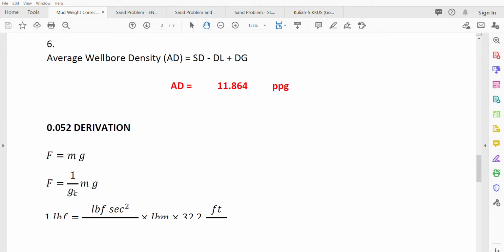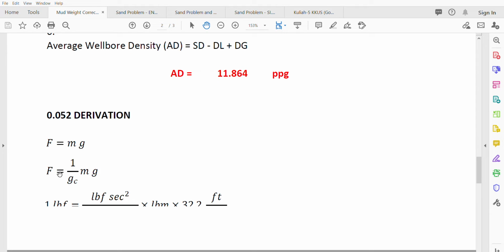GC is the gravitational constant, it's a constant everywhere you go. G is different. At the surface it becomes 32.2. In a very high mountain area, it becomes around 31 or 30 or something like that. It's a different number for different heights. But GC is a constant.